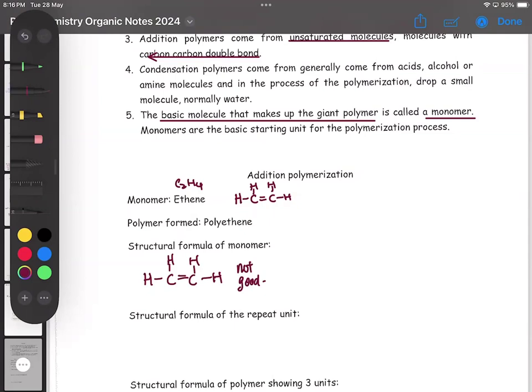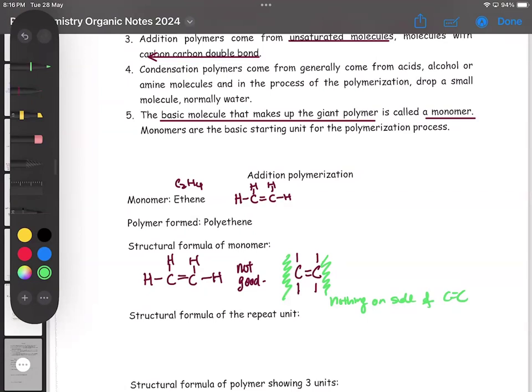The only way you can draw the structure of your monomer is like this. CC double bond, with 2 carbons on top and 2 carbons below. And on the side, there should be nothing on the side of your CC double bond. If you have something on the side, you are wrong. Remember that.